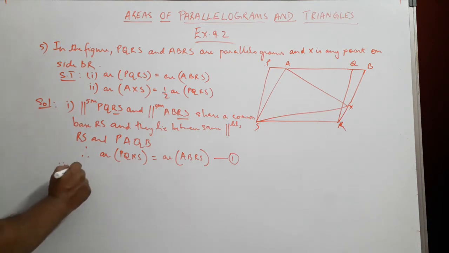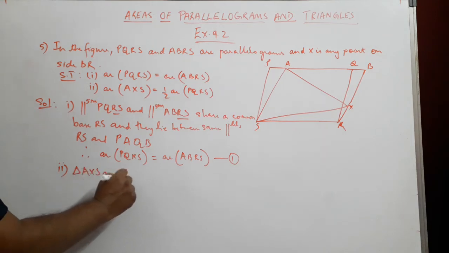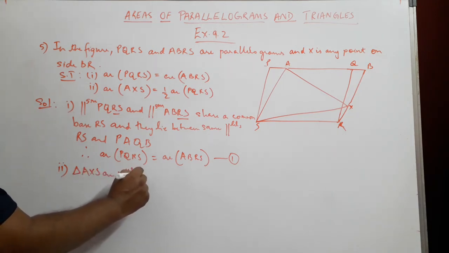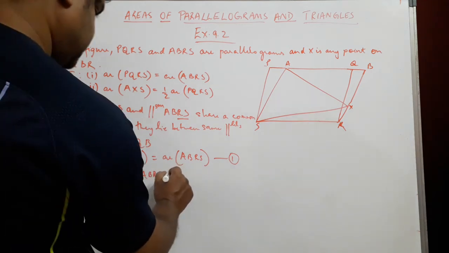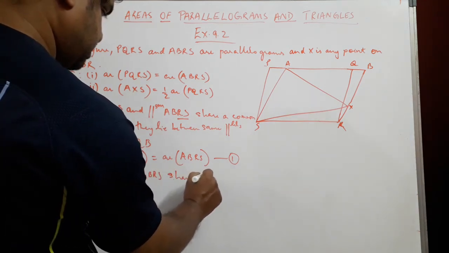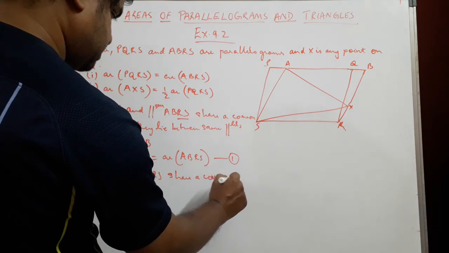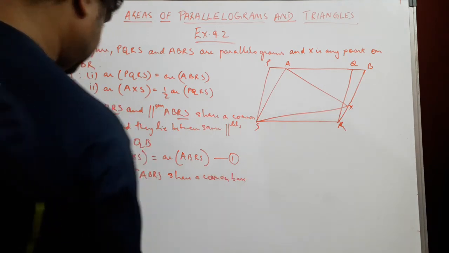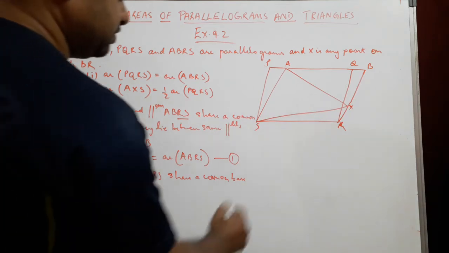so we can say, second, we'll put that triangle AXS and parallelogram ABRS share a common base, and that base is which one? If you notice, that base is AS or SA.